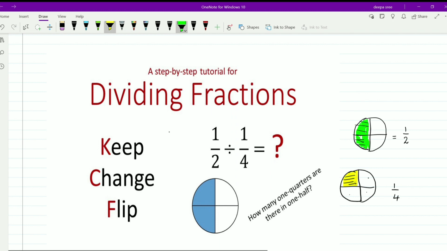Now this shaded part, the yellow color, how many times will it fit in this 1 by 2 fraction, that is the shaded part of the above figure? How many times can the fraction 1 by 4 fit here? This is the first part that I again shaded with yellow, one time over.